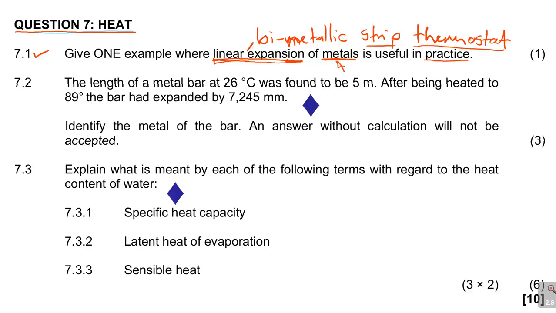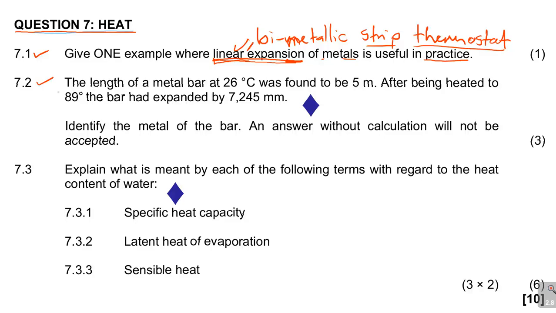Another one is the mercury in a thermometer. Mercury is a metal, so the expansion of mercury is used for measuring temperature. But the linear expansion that is most common is the bimetallic strip. That is one mark, so I'm not focusing much on that, but find some more examples where linear expansion is used.